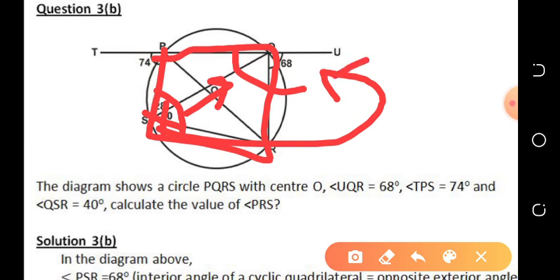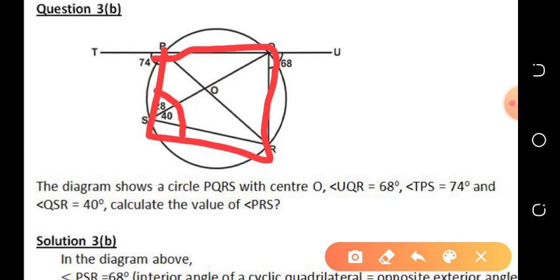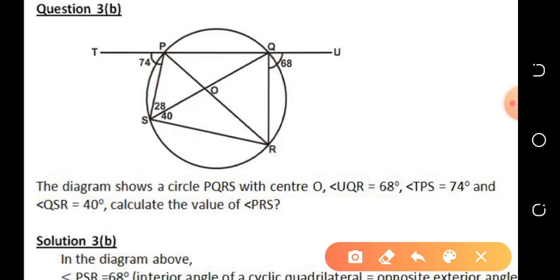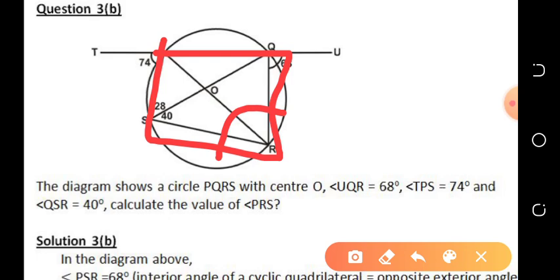So the rule is that the interior angle is equal to the opposite exterior angle. Same thing with this other side, where you have the polygon there. This angle here is the same as this other exterior angle, because this angle here is opposite to this other angle that you have there.